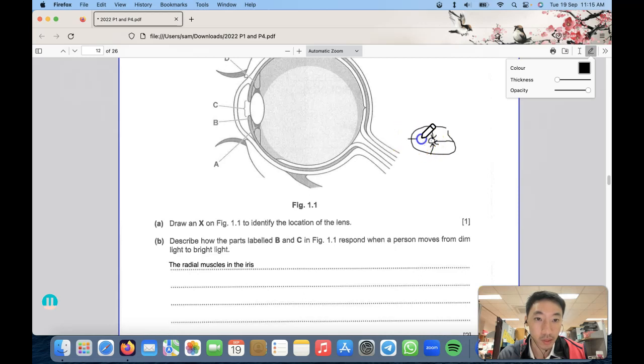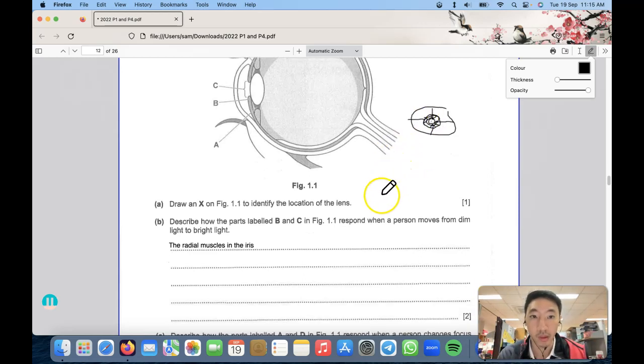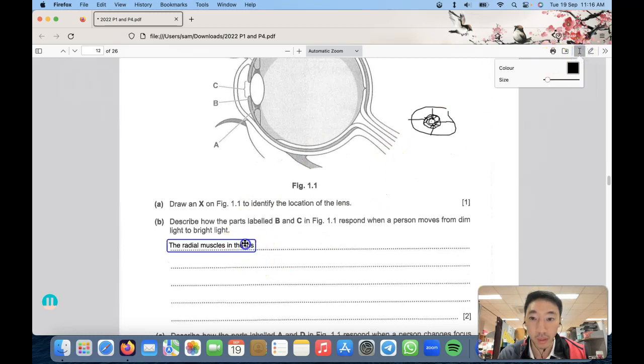These are radial muscles. And then the circular muscles all have to contract to pull it towards the middle. So the radial muscles in the iris will relax, and the circular muscles will contract.